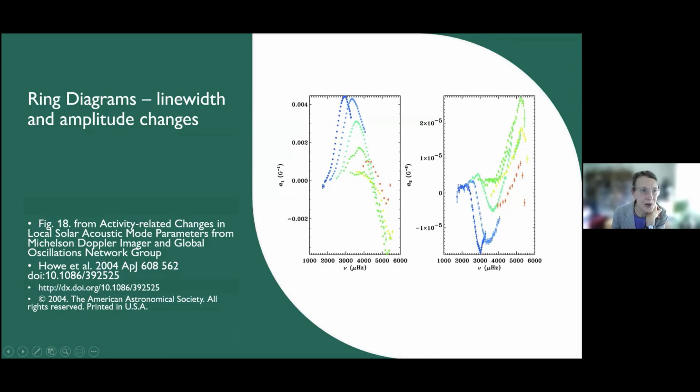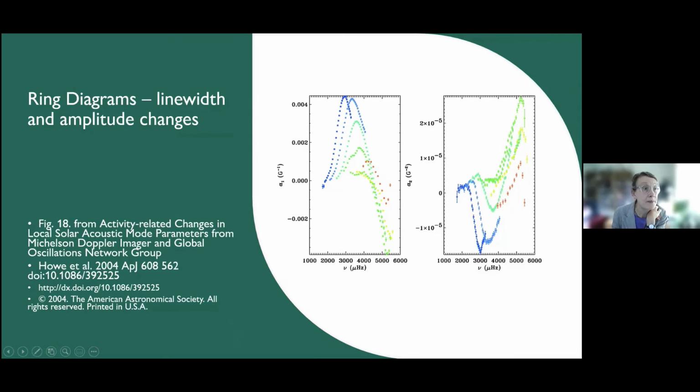And that's just a quadratic term. I thought when I picked this plot that it was the amplitude, but then I realized it's the line width, because it's positive in the middle of the spectrum, and that's the quadratic term in the expansion.